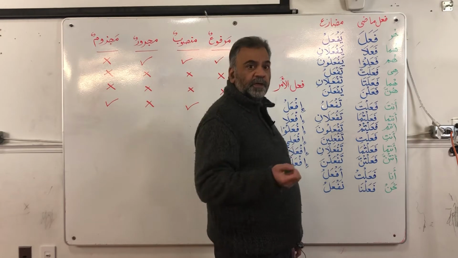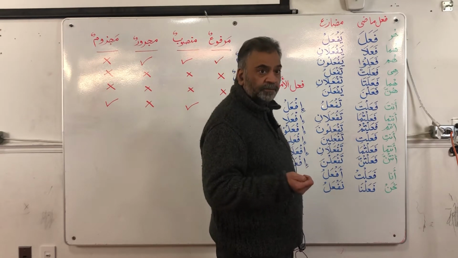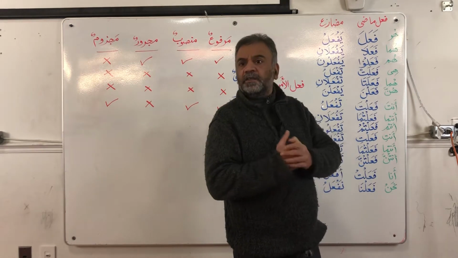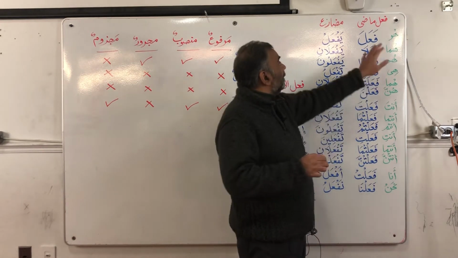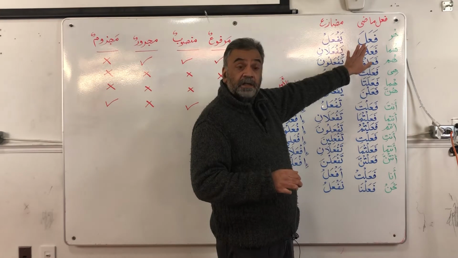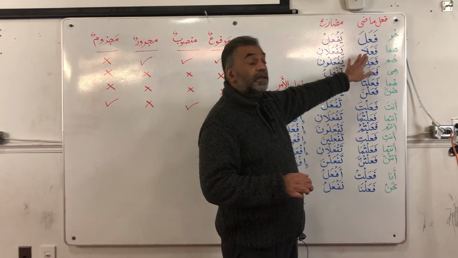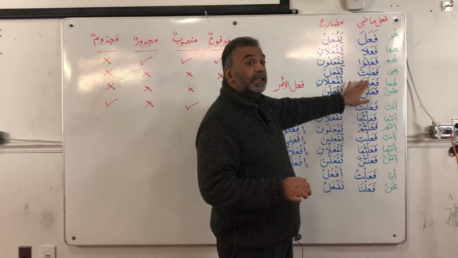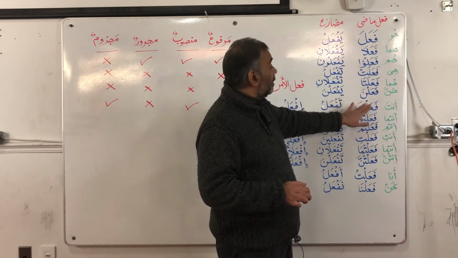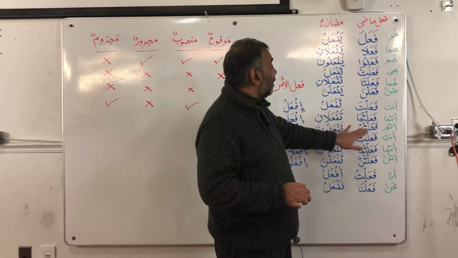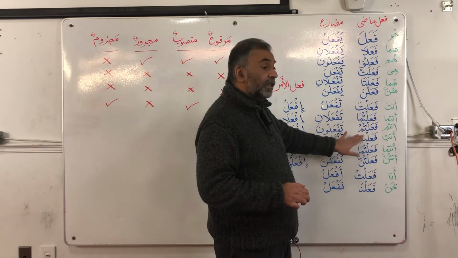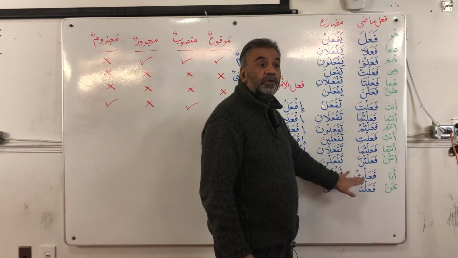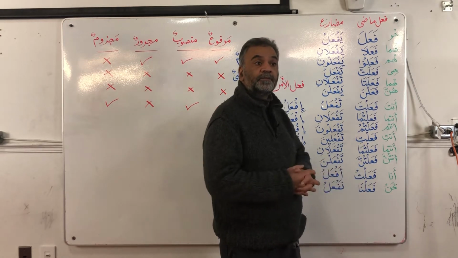The verb that we picked today is fa'ala. Fa'ala, fa'ala, fa'alu, fa'alat, fa'alata, fa'alna, fa'alta, fa'altuma, fa'altum, fa'alti, fa'altuma, fa'altunna, fa'altu, fa'alna.